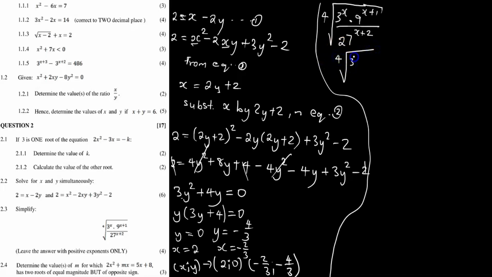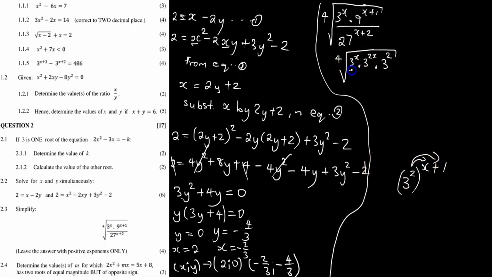So you've got 3 power x multiplied by 3 power 2x multiplied by 3 power 2. How did we get this? We just said the 9 is 3 power 2, and then we say power x plus 1, and then we multiply these. Then we get the 2x and the 2 there.